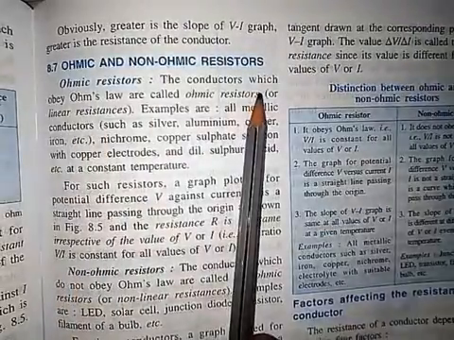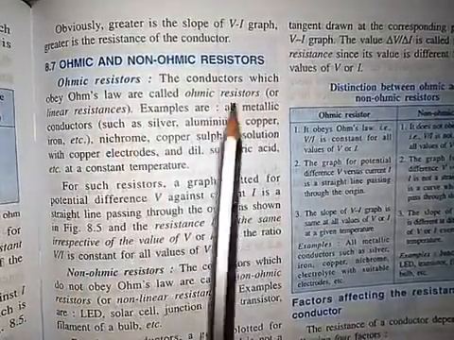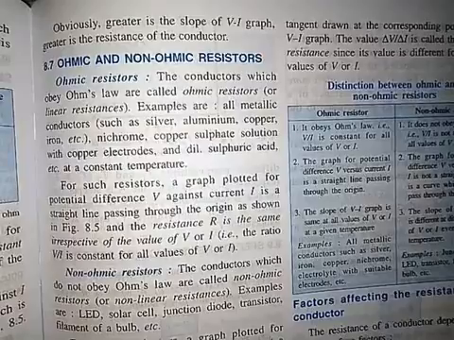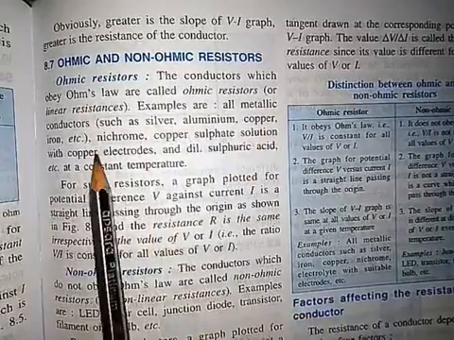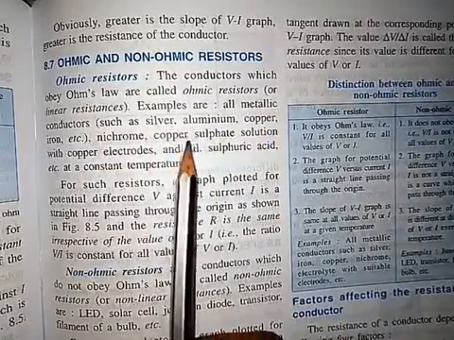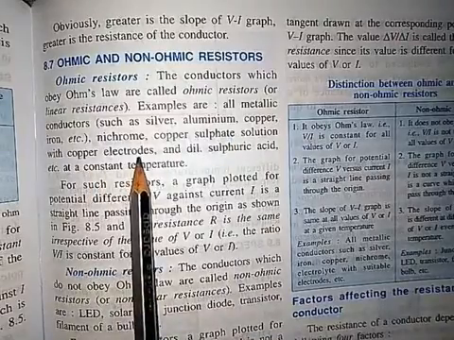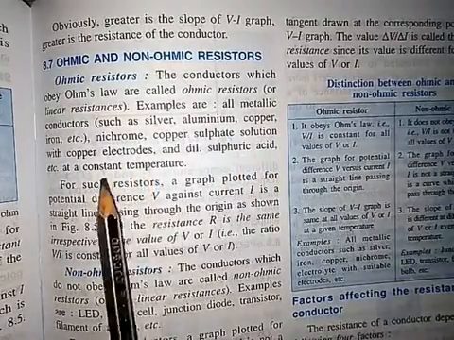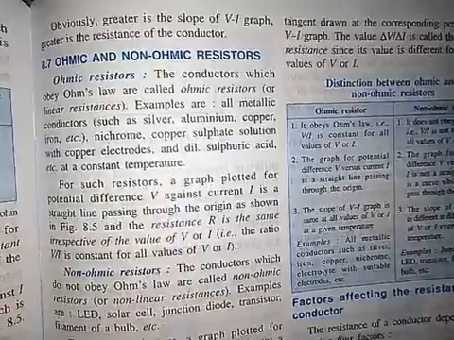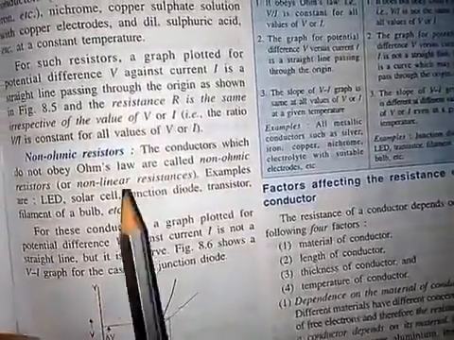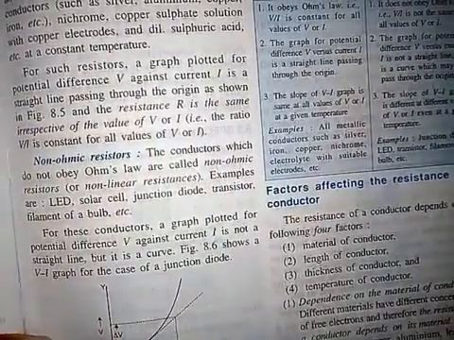Ohmic and non-ohmic resistors. Ohmic resistors are those resistors which follow Ohm's law. These are all metallic conductors: nichrome, copper sulfate solution with copper electrodes, dilute sulfuric acid, etc., at a constant temperature. And non-ohmic resistors are those which do not obey Ohm's law.